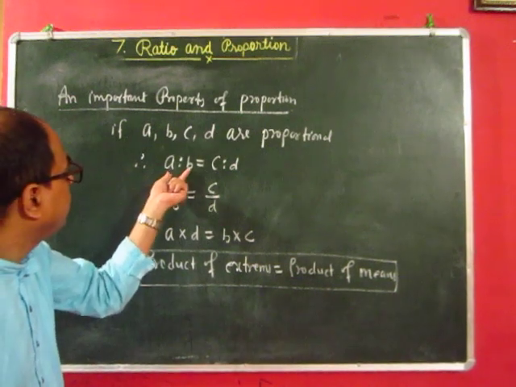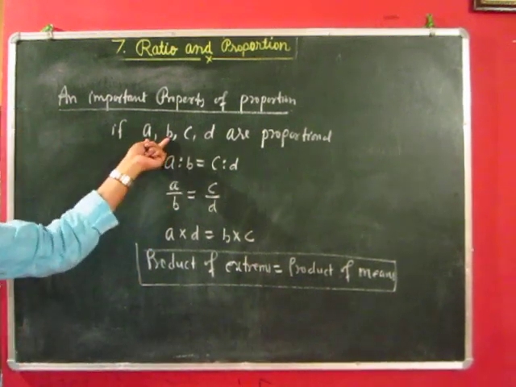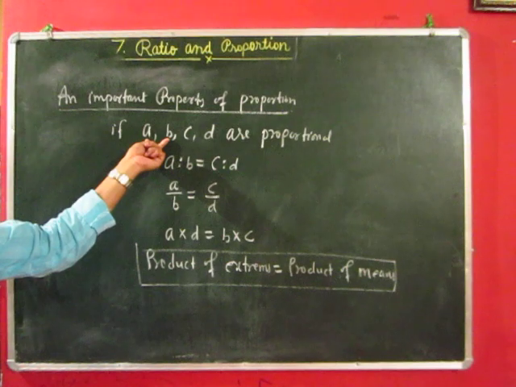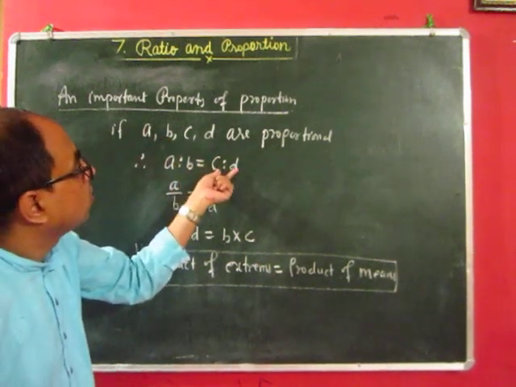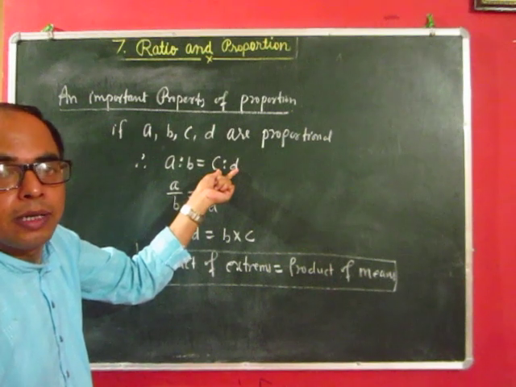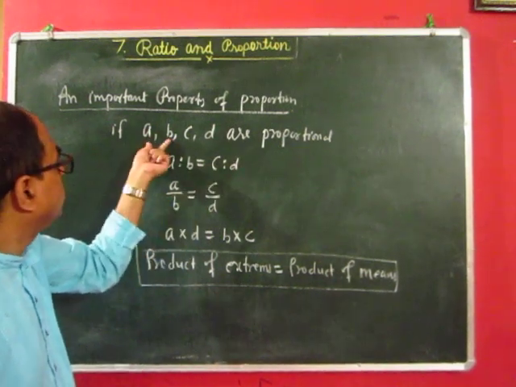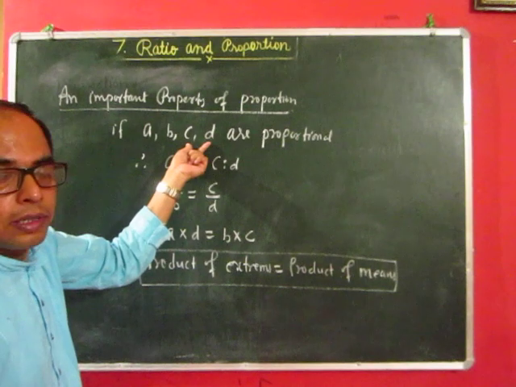So A and B will be of same kind, and C and D also will be of same kind, but these two pairs may be different.